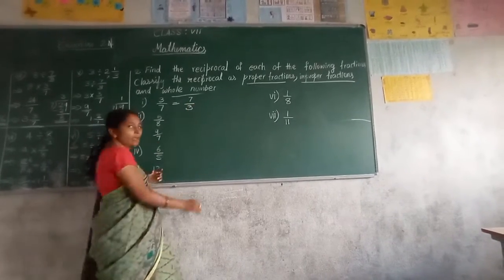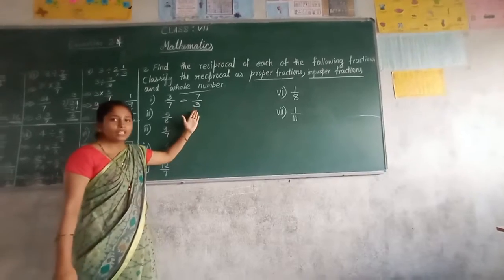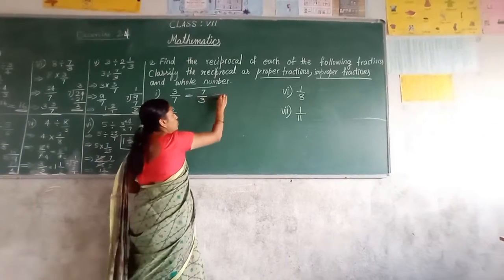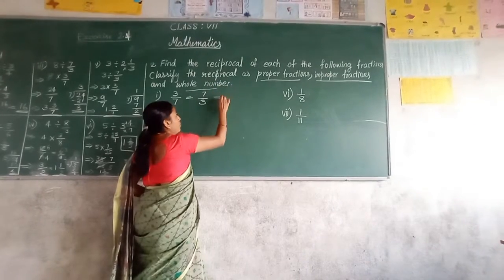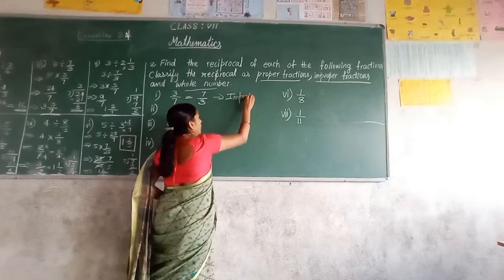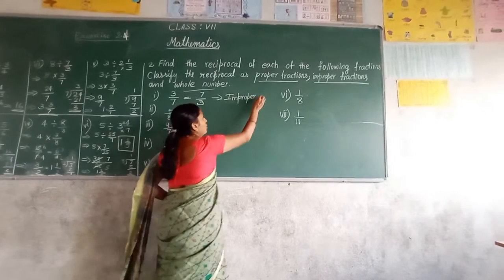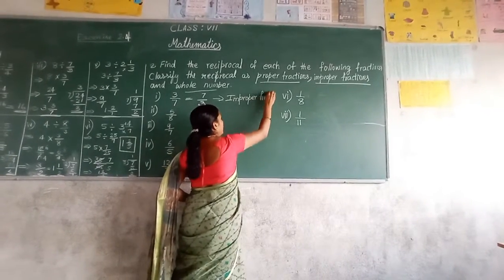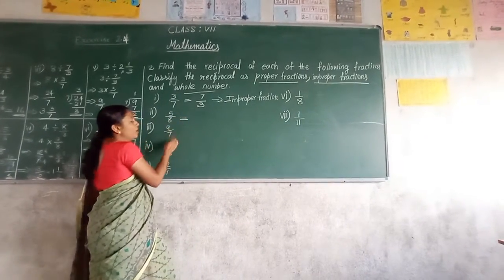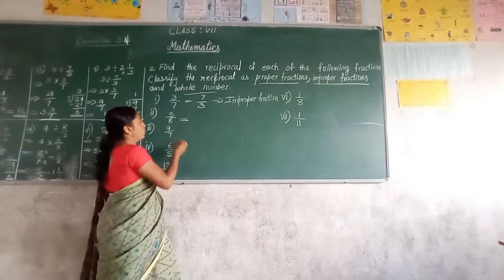Which type of fraction is it? Compare with the denominator. The numerator has the greater value. So this is a type of improper fraction. You write clearly, improper fraction. Now in the same way, here also you write the reciprocal.